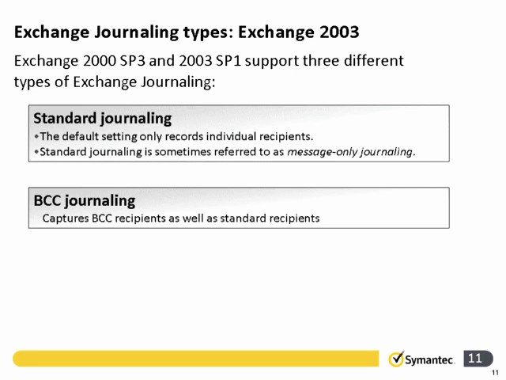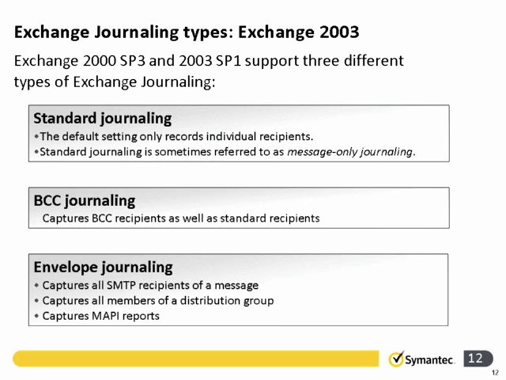The next type of journaling supported on an Exchange 2003 environment is called BCC, or blind carbon copy journaling, which captures the blind carbon copy information as well as the standard recipients. And when we talk about standard recipients, that would be anyone in the to or from, as well as the carbon copy properties.